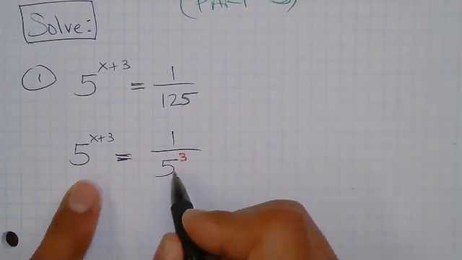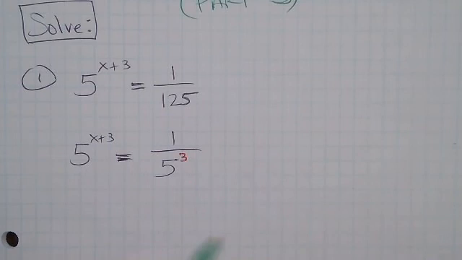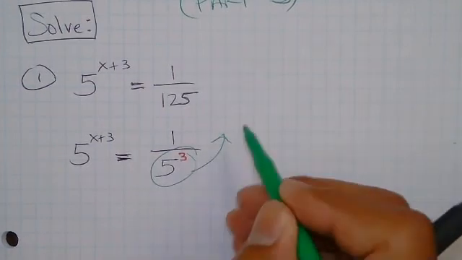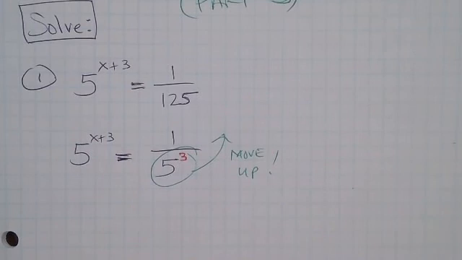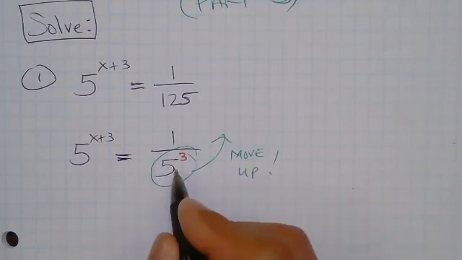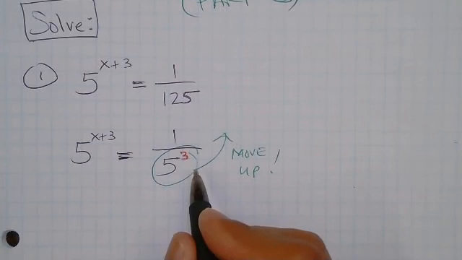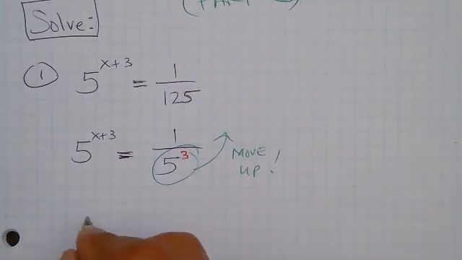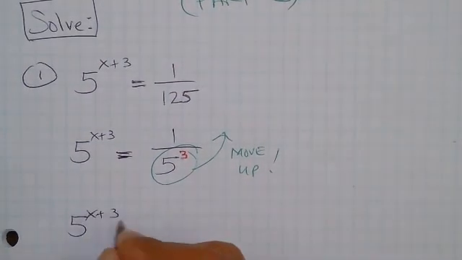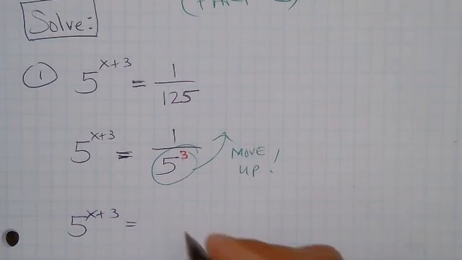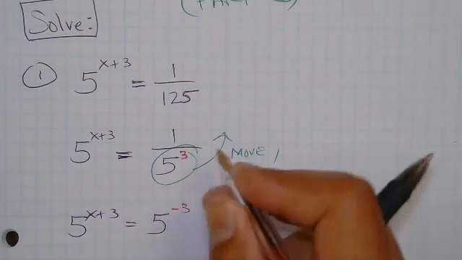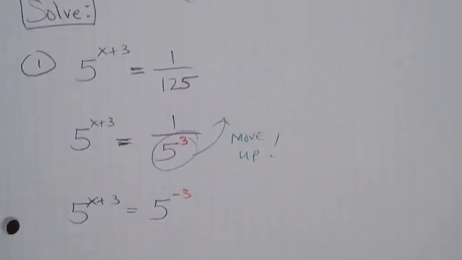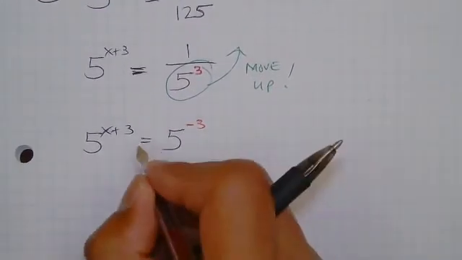Because now that you're working with bases and exponents, you can move it up, just like if it was x to the power of 3, except now instead of x there's a value, in this case 5. So now we're looking at 5 to the power of x plus 3 equals 5 to the power of negative 3.